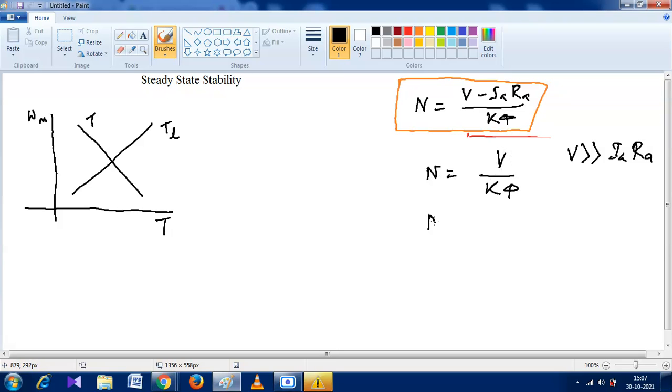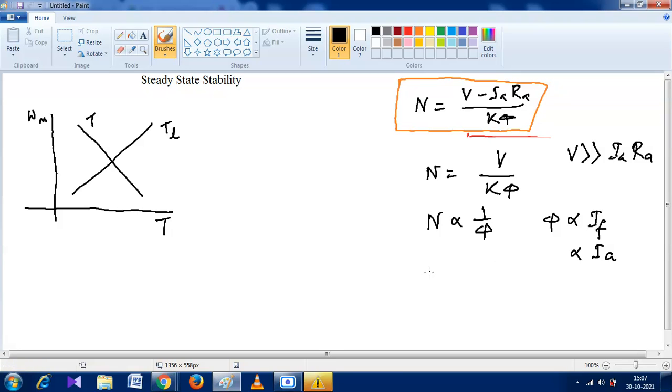So we can write N proportional to 1 by phi, and what is the value of phi? It is proportional to field current. In case of series motor, this is proportional to armature current, because in case of series motor, the field current and armature current are the same.